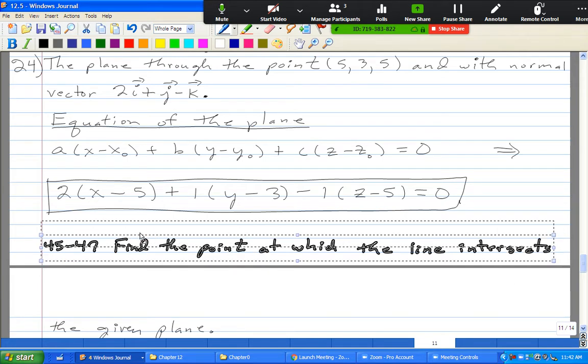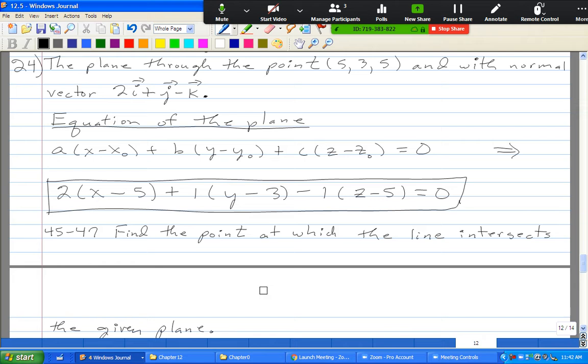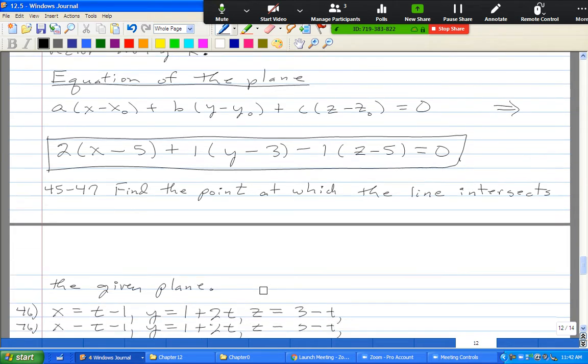Okay, good. So I have that in exercises 45 through 47, find the point at which the line intersects the given plane.